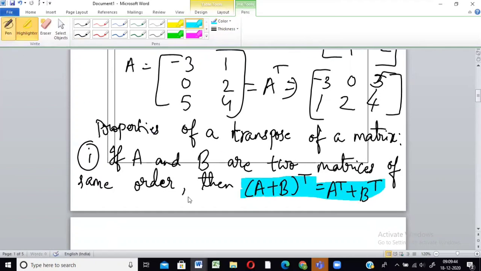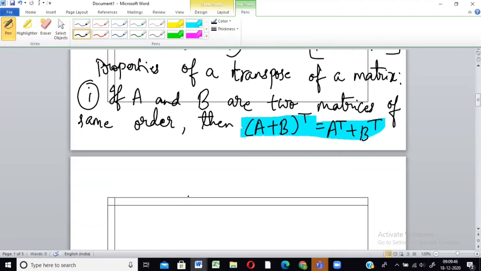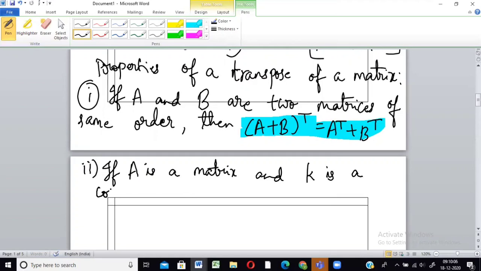Okay. Now the second one is, if A is a matrix and K is a constant, then K times A, the whole transpose, will be equal to K into A transpose.